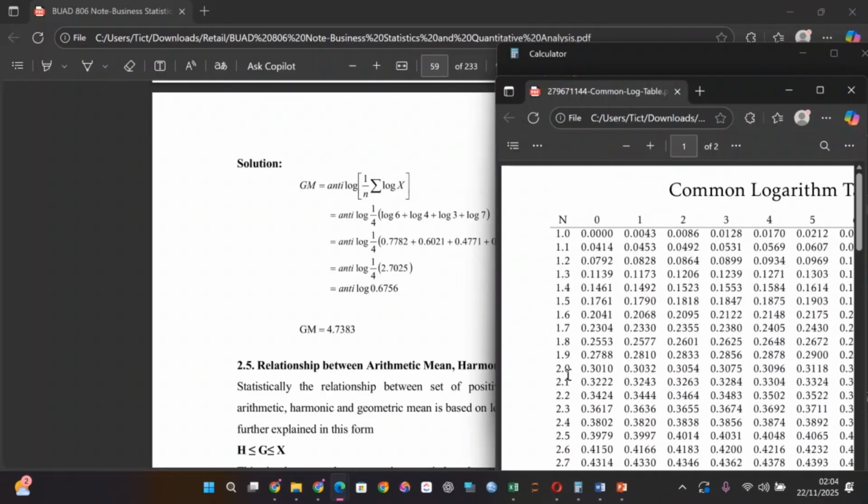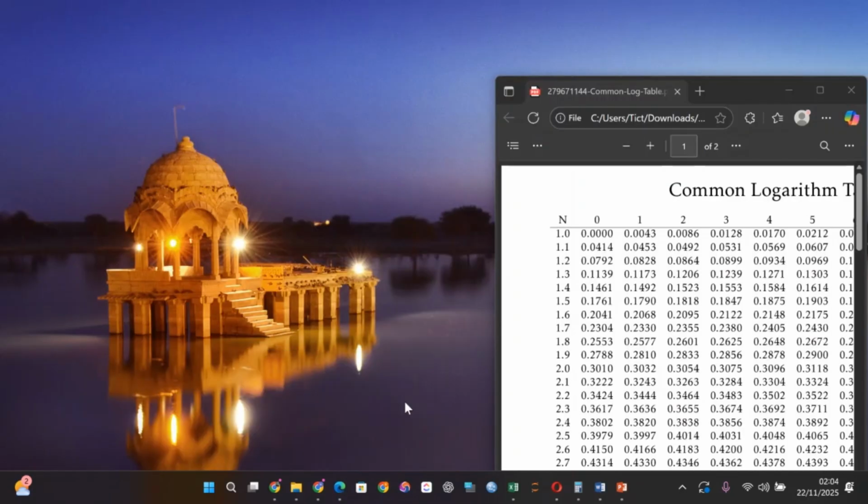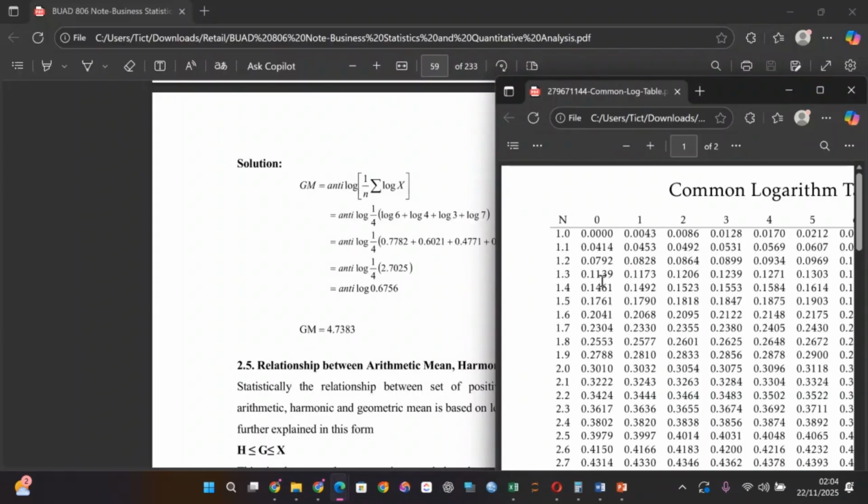Please, can you minimize your calculator? My calculator is not showing. I think it's a network issue, because what I'm showing you is the log table. Can you see the two things on my screen? The material and the log table.